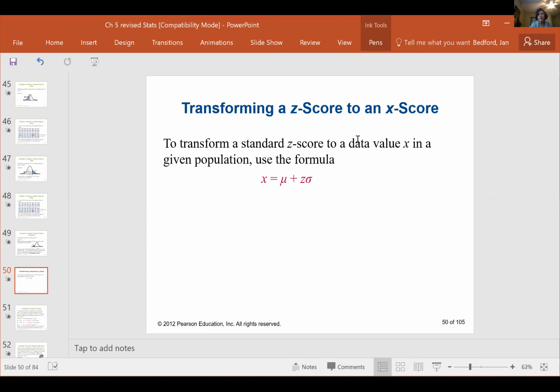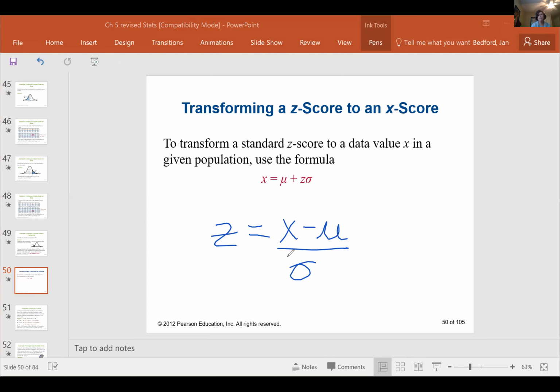Okay, you can also take a Z value and change it back to an X value. If you rearrange that formula, remember we had Z equal to X minus mu divided by sigma.